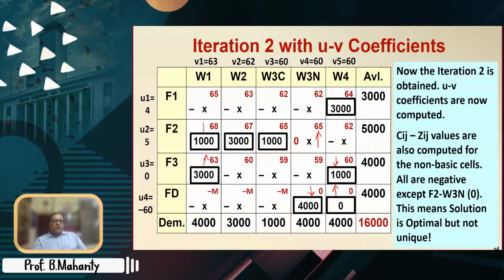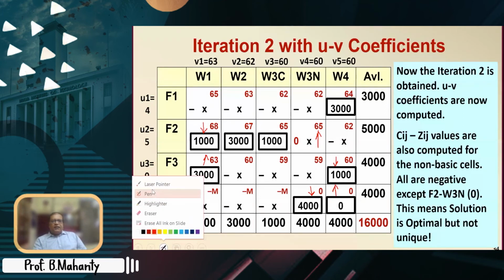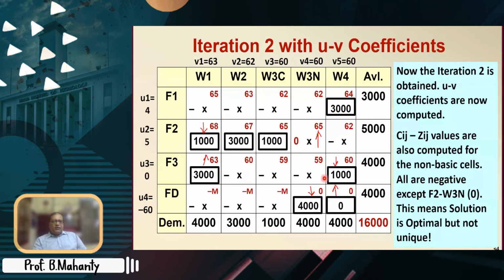This has to go up, this has to go down. Now, you see, this is very interesting. What is interesting here is that these going up is a 0. So the lowest value to go down is 1000, right? So lowest value to go down is 1000.